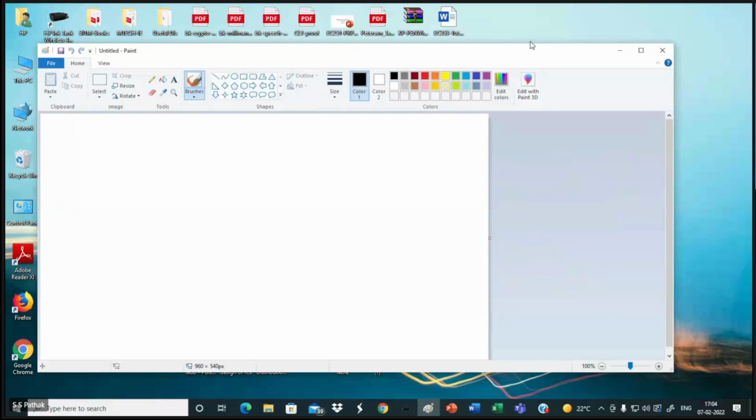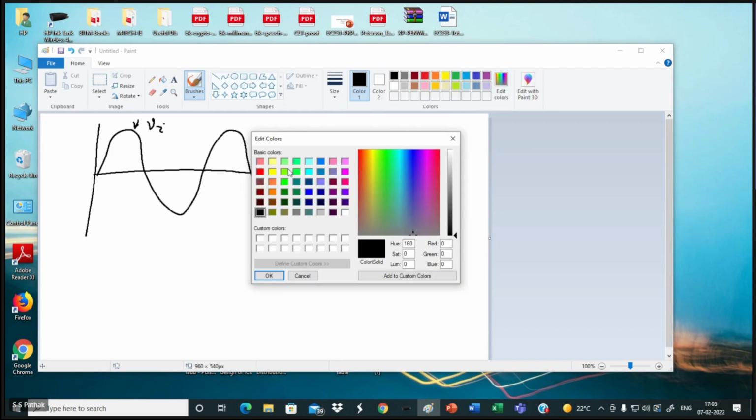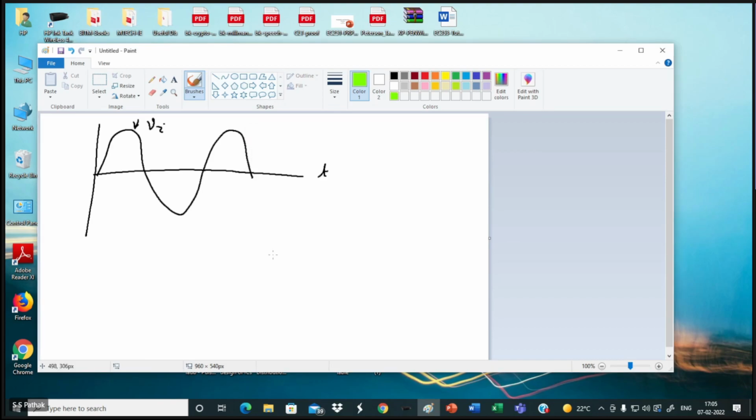Second clipper we need: this is my sinusoidal signal. Sine, cosine, whatever you want, you can assume like this. This is my T, this is my VI. What my V naught is doing here, in green, is taking this portion.